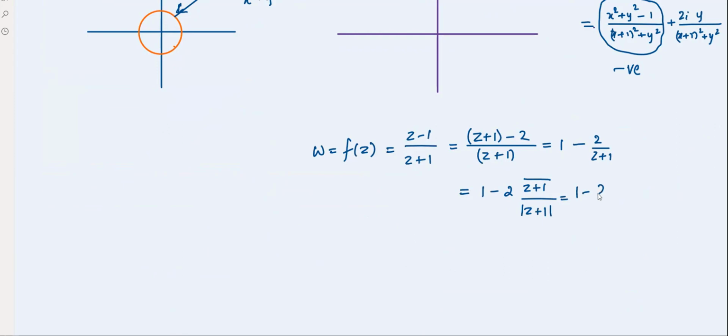So 1 minus 2 times z conjugate, which is x minus iy plus 1.